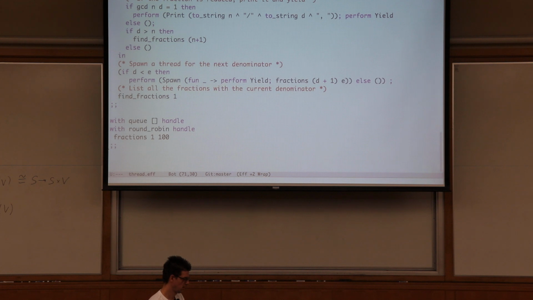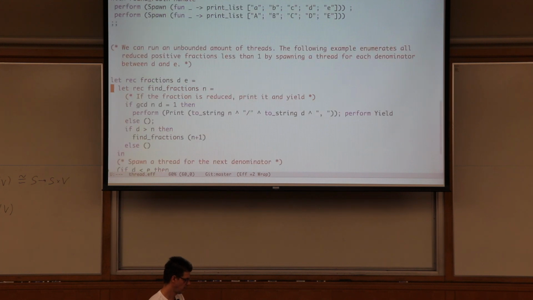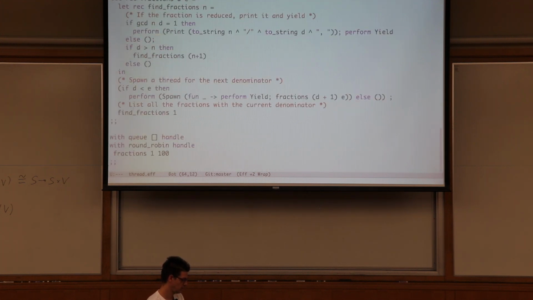I mean, you can have a look at this. Here is find fractions, and what this one does is, it just goes through the fractions, prints it, and then yields for somebody else to continue. And what this one is doing is just going to spawn lots of threads, one per denominator. Questions?